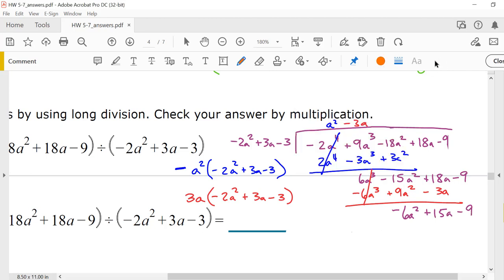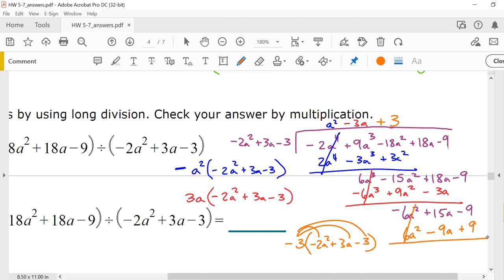One more time. Negative 2a squared times 3 gives me negative 6a squared. So I want to multiply by negative 3 times negative 2a squared plus 3a minus 3. I get 6a squared minus 9a plus 9. 15a minus 9a is 6a.